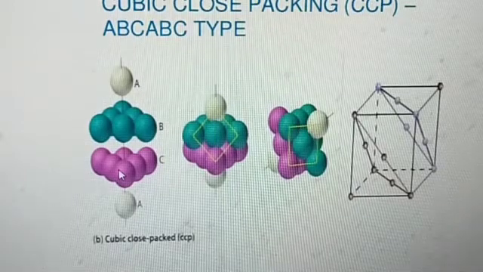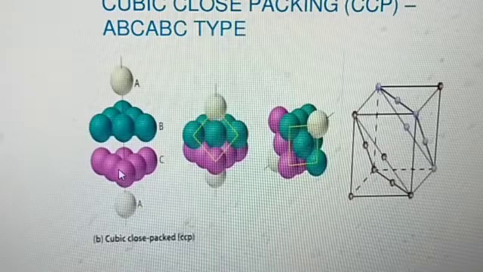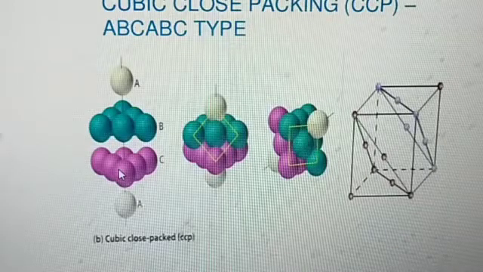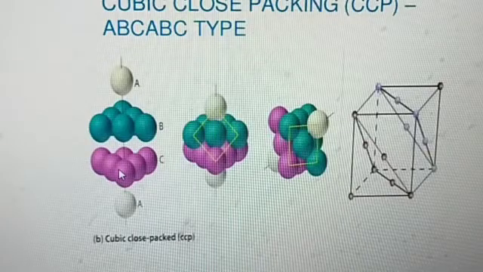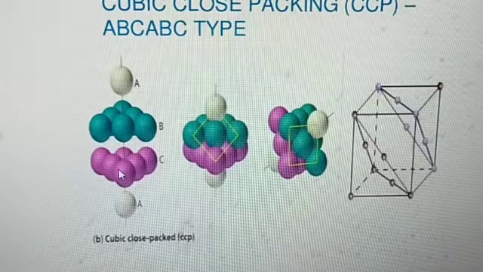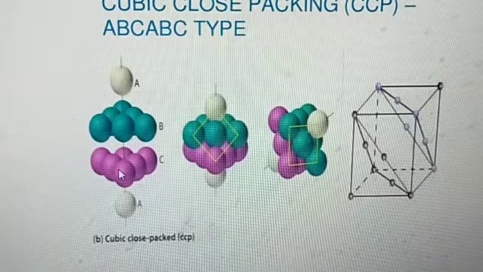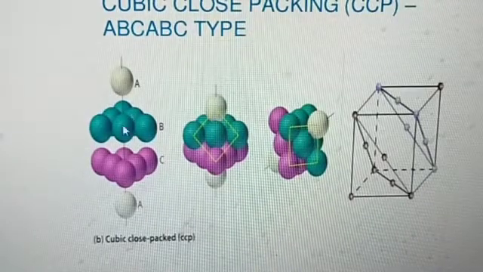All the real structures are three-dimensional structures only. Each sphere is in contact with 12 spheres. So in this type of arrangement, each sphere is in contact with 12 spheres, whether it is AB arrangement or ABC type of arrangement.